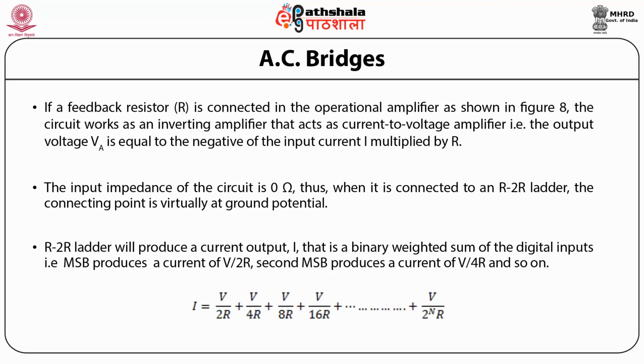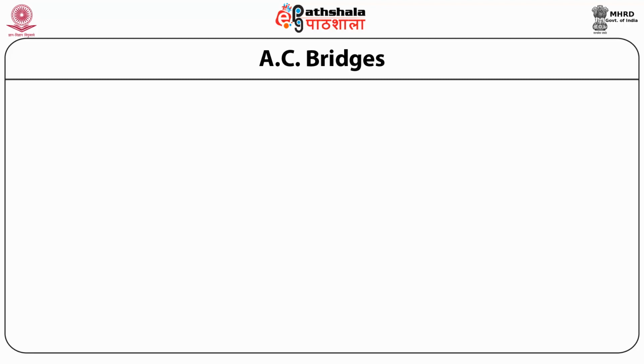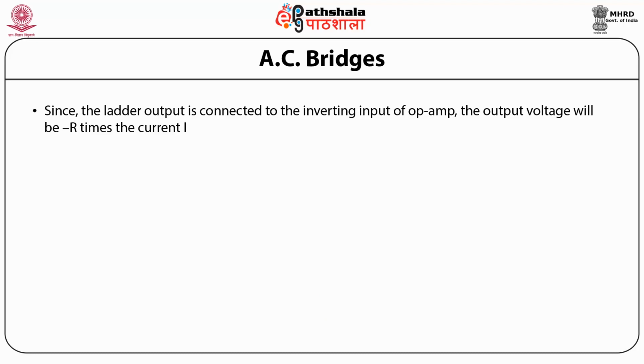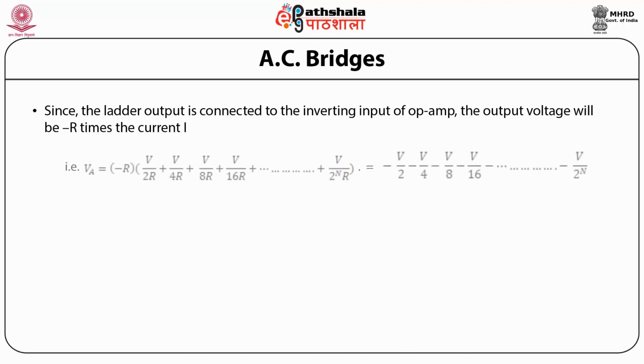So, total I can be written as V by 2R plus V by 4R plus V by 8R plus V by 16R plus so on, till V by 2 raised to power N into R. Since the ladder output is connected to the inverting input of the op-amp, the output voltage will be minus R times the current I. That is, VA will be equal to minus R into, within the brackets, V by 2R plus V by 4R plus V by 8R plus so on, till V by 2 raised to power N into R.